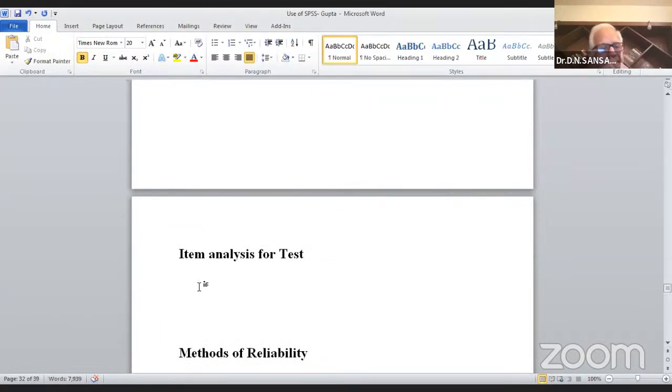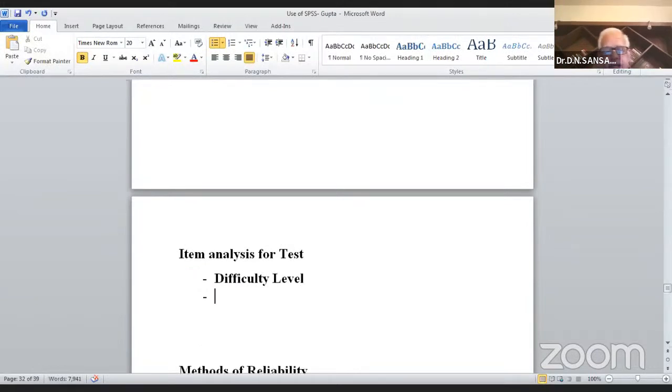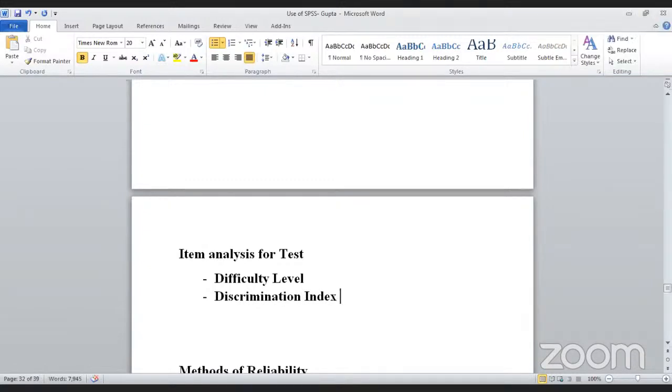So the item analysis for the test will be done on the basis of difficulty level, and the second is discrimination index. And discrimination index is also called validity index.